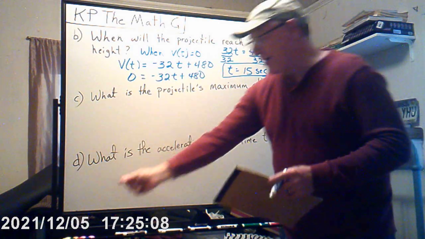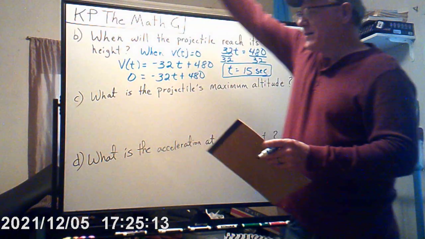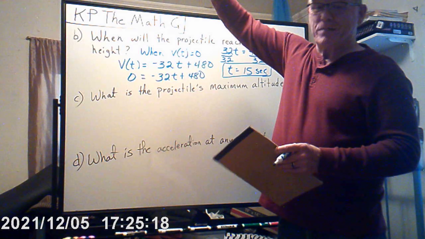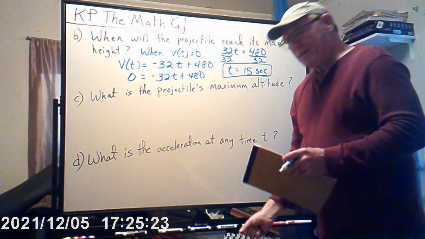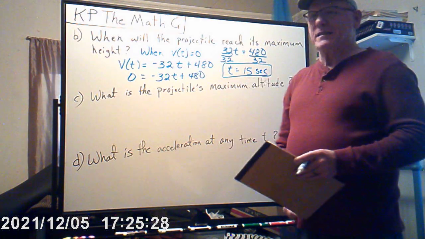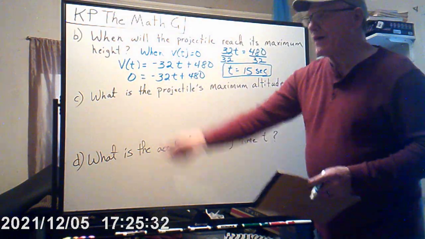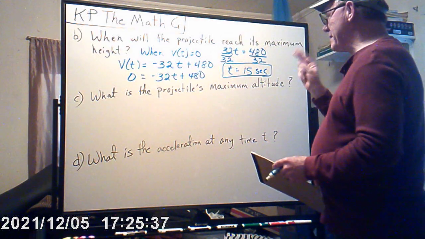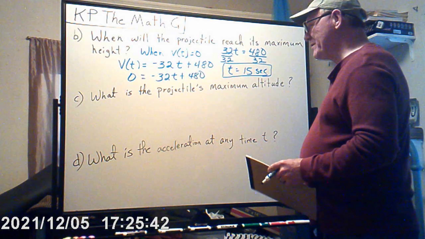So if it takes 30 seconds to complete the entire path, then halfway is 15 seconds, isn't it? If you already know how long the entire trip is, on a parabola, it's going to be half that much. So if the entire trip was 40 seconds, then half of that would have been 20 seconds. Alright, so it's going to take 15 seconds to get to the top.